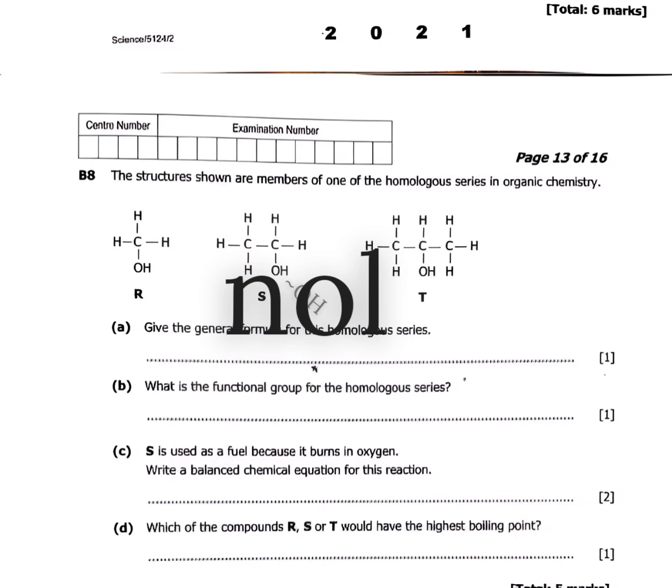The first one, R, is methanol, with one carbon atom. Followed by S. S is ethanol, with two carbon atoms. Then the last one, T, is propanol.